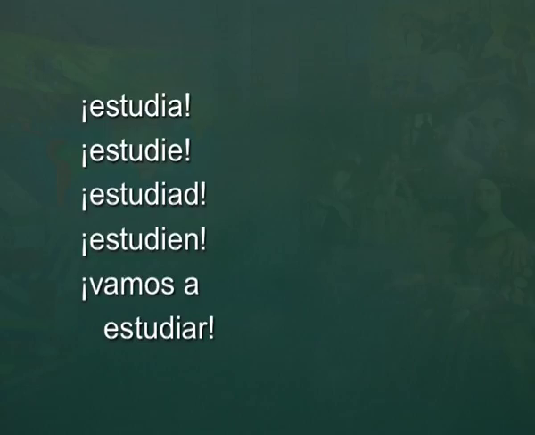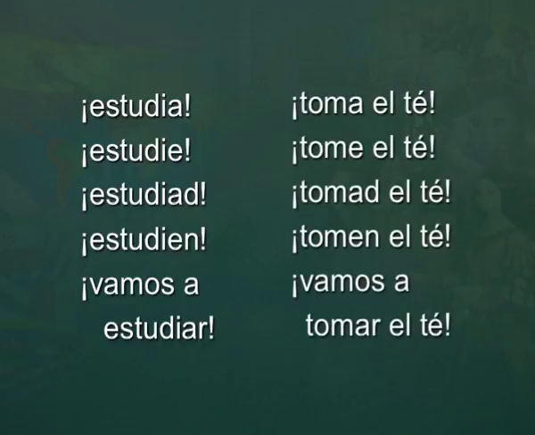From these conversations, let us look at the conjugations. Parents to the child say estudia, estudie, estudiad, estudien, vamos a estudiar. Similarly, toma el té, tome el té, tomad el té, tomen el té or vamos a tomar el té.